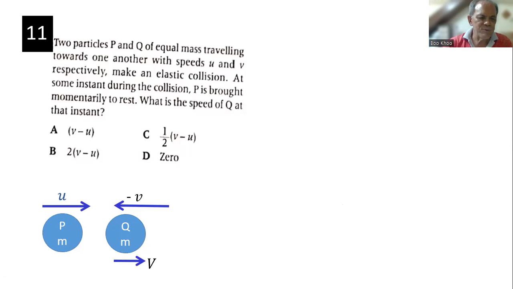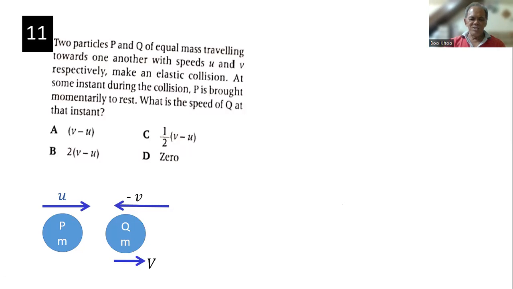Taken from your revision book, an official textbook. Two particles, P and Q, of equal mass, traveling towards one another with speeds u and v respectively, make an elastic collision. At some instant during the collision, P is brought momentarily to rest. What's the speed of Q?